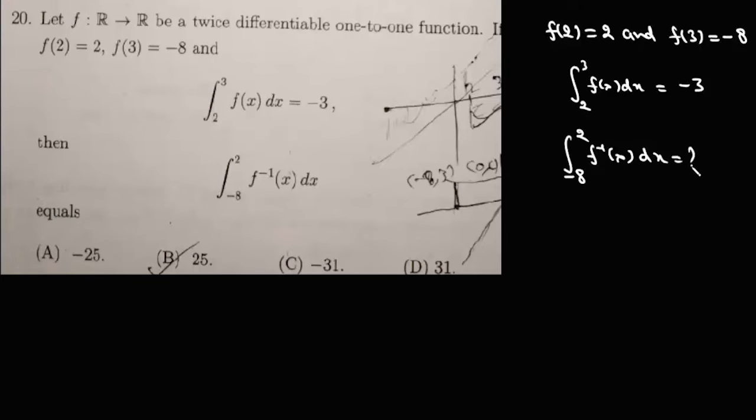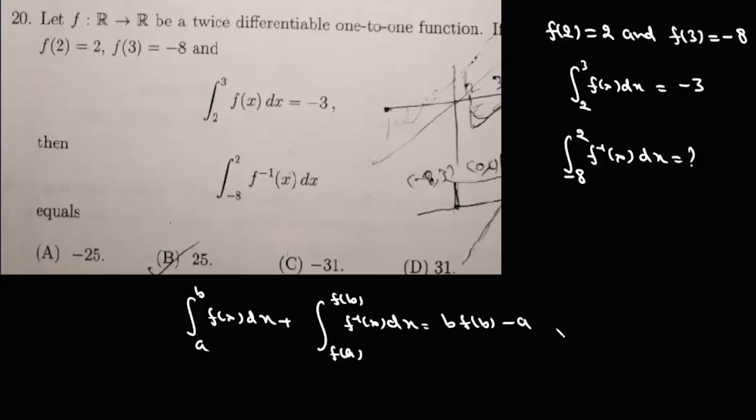Now this question stems from one of the very standard results. When there used to be a subjective exam in IIT, there was this question which was to be proved. If we have a function defined from a to b and its inverse is f inverse x, then the result was this integral from a to b of f(x) dx plus this integral from f(a) to f(b) of f inverse x dx was b f(b) minus a f(a).